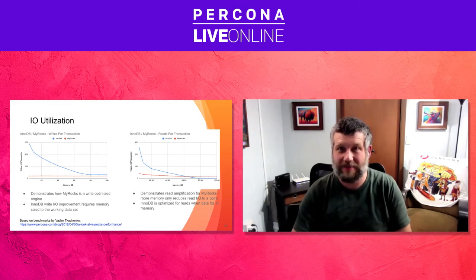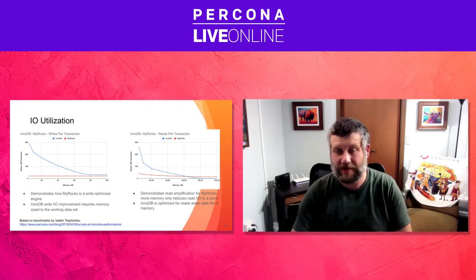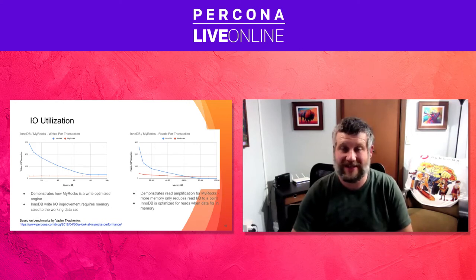Once our data set fits in memory, the read amplification hardly exists when we're looking at it from the InnoDB side, whereas MyRocks stays flat. So with more data than memory, you're going to have less read amplification and you're going to see better performance on the MyRocks side. But once we get closer to fitting our data into memory, InnoDB can outshine it because it was designed to be that way.